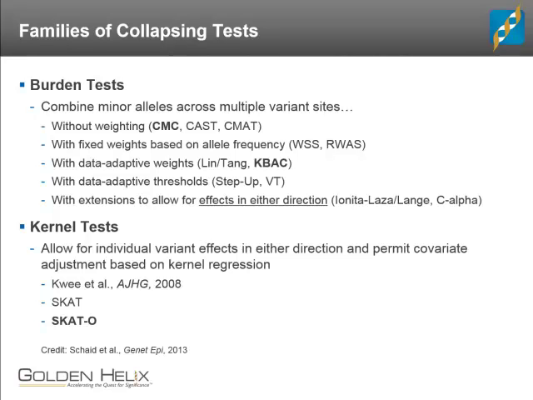The kernel tests, really the family of methods revolves around SKAT. The SKAT method has numerous extensions available for it. One of them is SKAT-O, which is a method that was just incorporated in the latest release of SVS, a method that we'll be talking about quite a bit today.